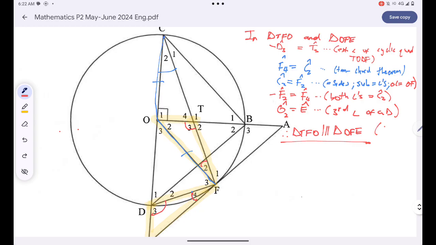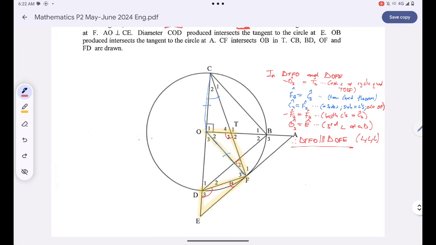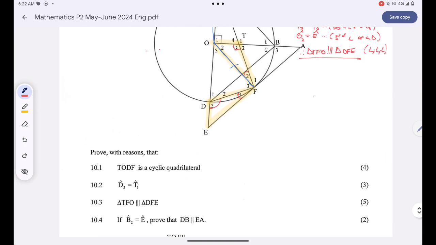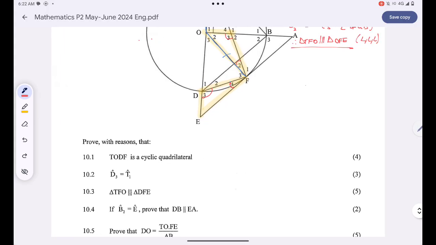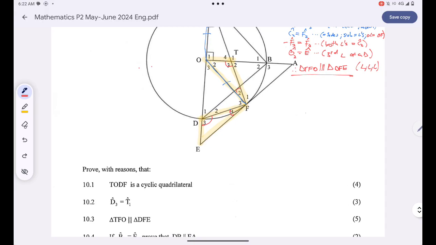The reason behind that is just angle, angle, angle. So now I've proven that the two triangles are similar. Okay, and then now I'm supposed to show that if B2, let me erase over there.